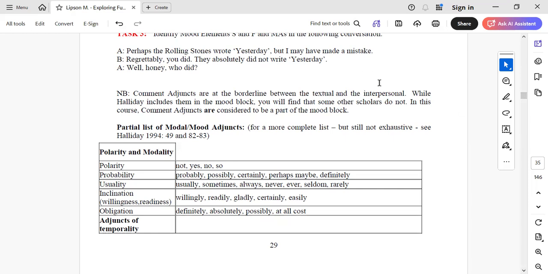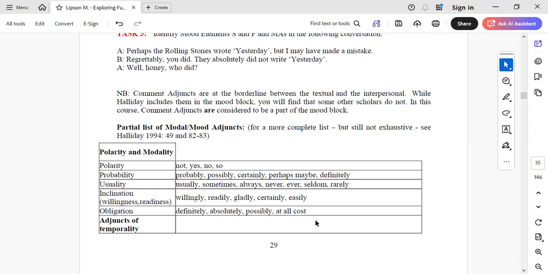Then probability: probably, possibly, certainly, perhaps, maybe, definitely. Then usuality: usually, sometimes, always, never, ever, seldom, rarely. Inclination: willingness, readiness, willingly, readily, gladly, certainly. Obligation: definitely, absolutely, possibly, at all cost.